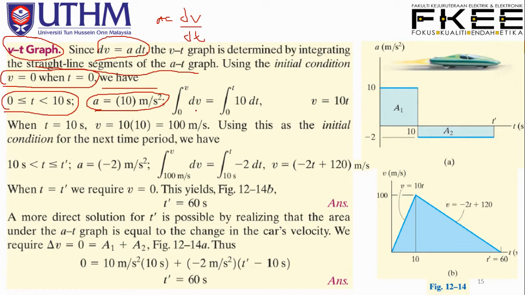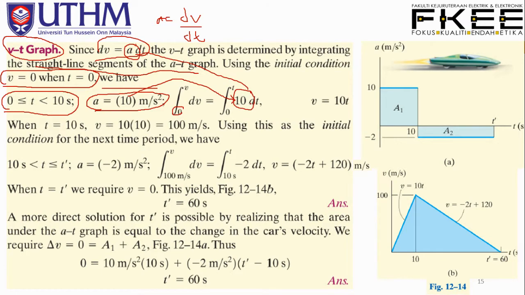So dv, this is actually a, coming from this equation, and then we substitute this value of a back into this equation. So the integral of dv from 0 up to v is equal to the integral from 0 up to t of 10 dt.